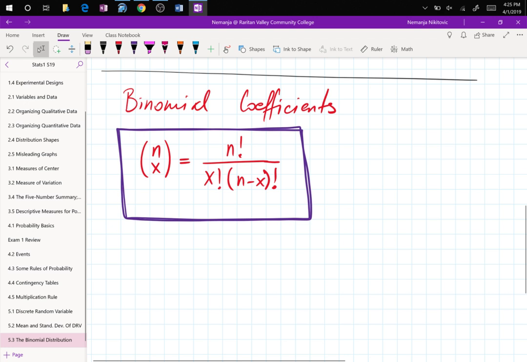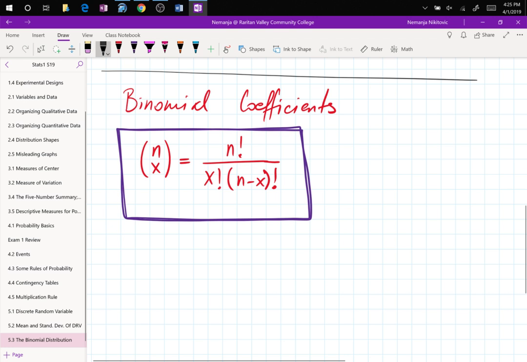Now, to calculate these binomial coefficients, you will just crank this formula.